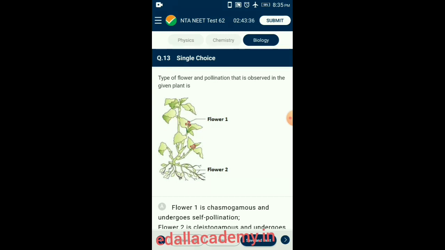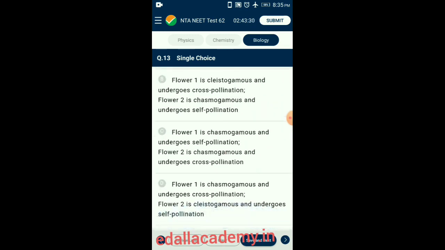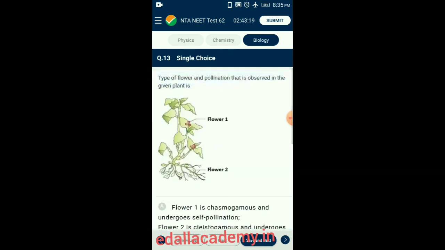Most of the flowers are chasmogamous, undergoing cross-pollination. So the answer for this question is option D. Flower 1 is chasmogamous, undergoes cross pollination. Flower 2 is cleistogamous, undergoes self pollination.